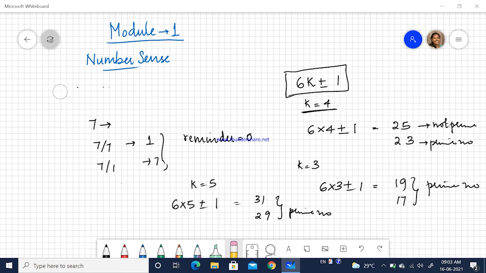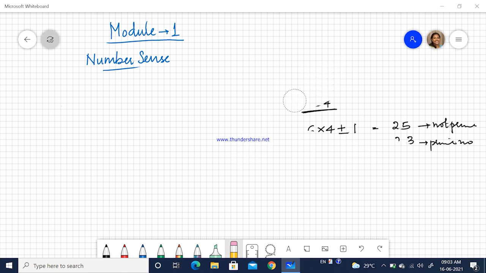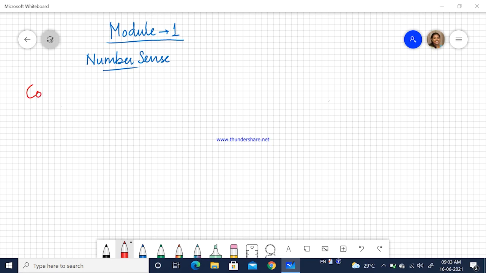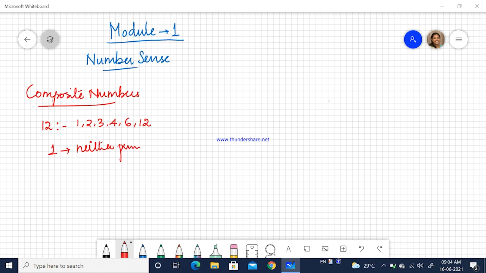A composite number has factors other than unity and itself. For example, the number 12. The factors include 1, 2, 3, 4, 6 and 12. So numbers with factors other than unity and itself are called composite numbers. 1 is neither prime nor composite.